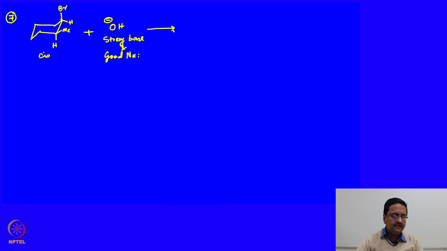what we would get is the SN2 product, because now this is a stronger base than before. So, this substitution at this 2-degree alkyl site will happen through SN2 mechanism, and we would get this as the SN2 product.